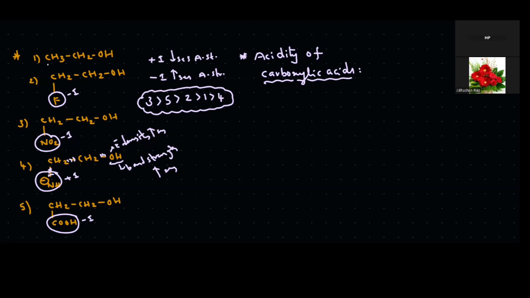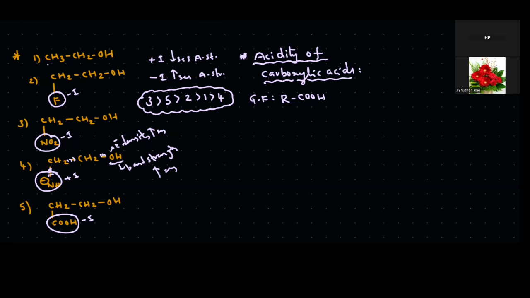Okay. So the general formula RCOOH is the carboxylic acid's general formula. Then how do we identify the acidic strength of the given carboxylic acids?